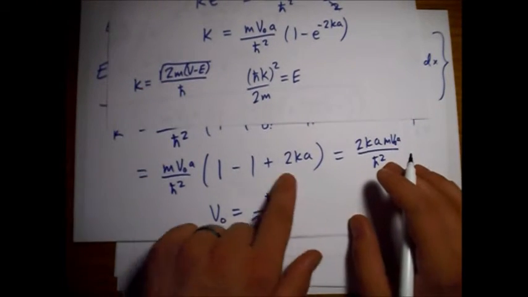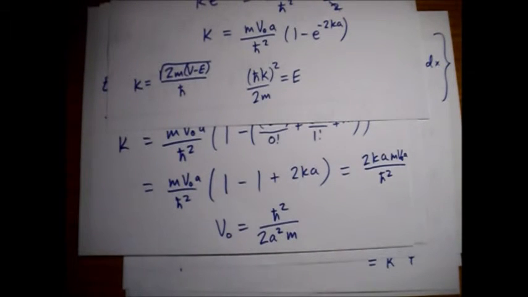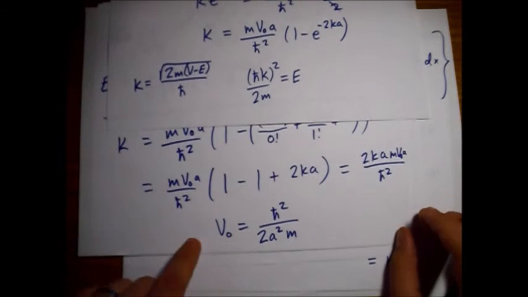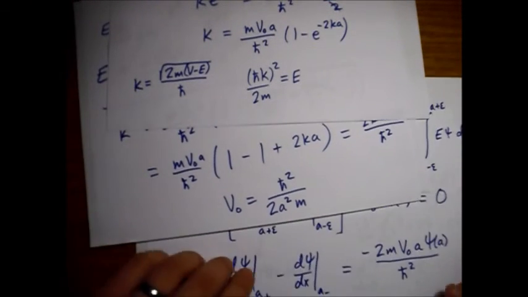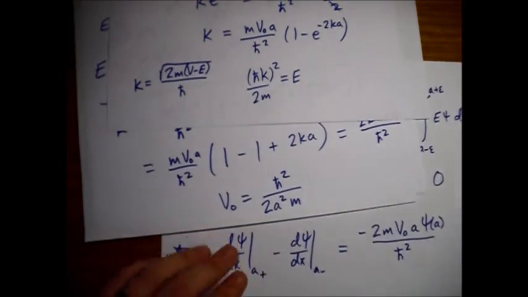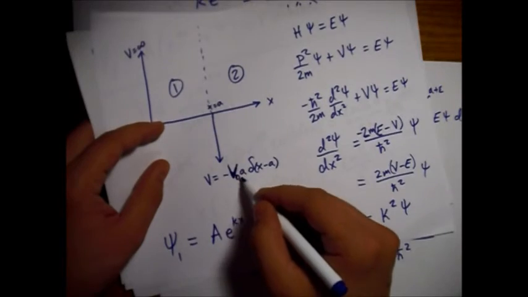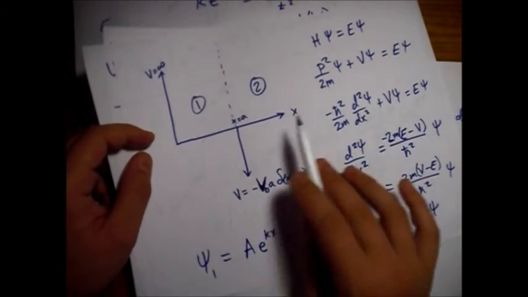So this is the minimum strength that this attractive delta potential must have. Remember, however, that usually when you define a delta potential, there's no a here. It doesn't depend on the x.